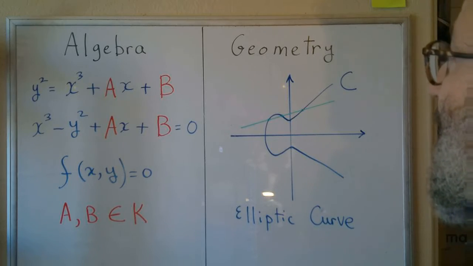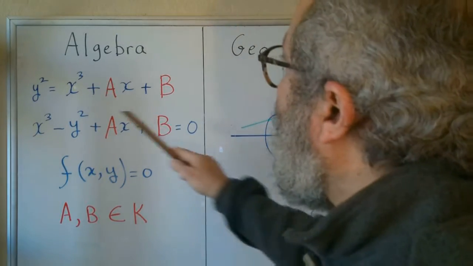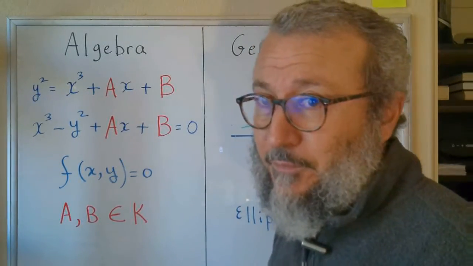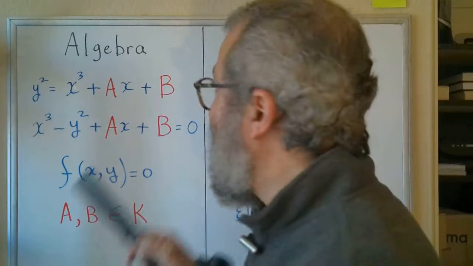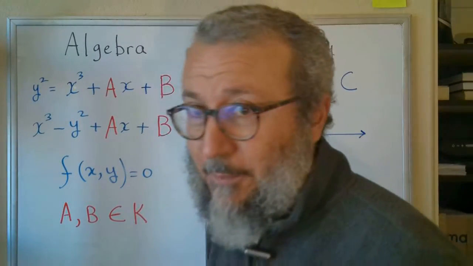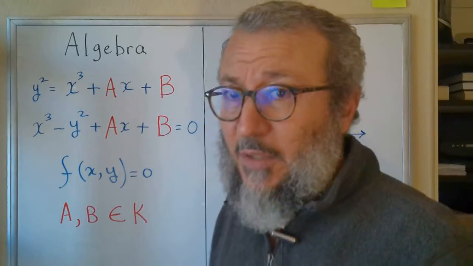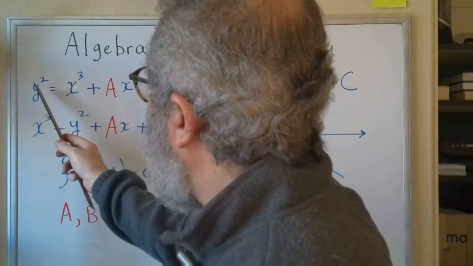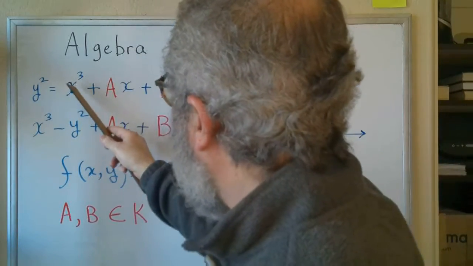Now, the most common representation of this curve is captured here in this algebraic equation. An equation in algebra is anytime you see this equal sign. Now, there are two ways to represent an equation. Either you can set one variable on one side and the other variable on the other side.